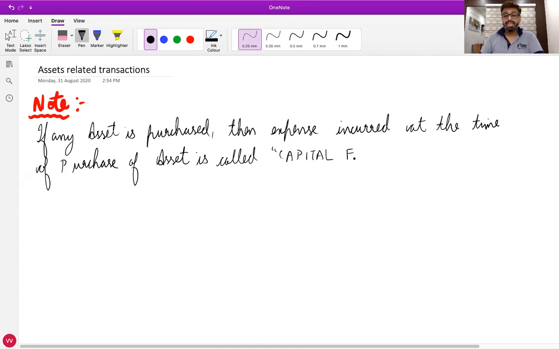Capital expense. They are one-time expense.